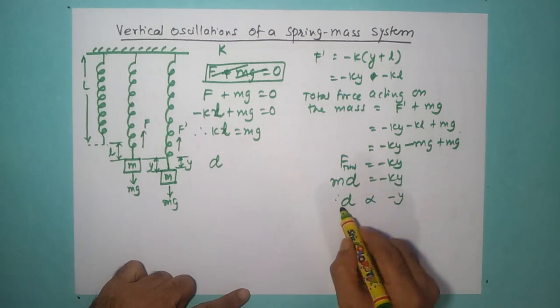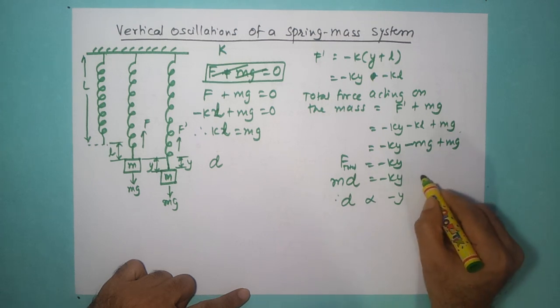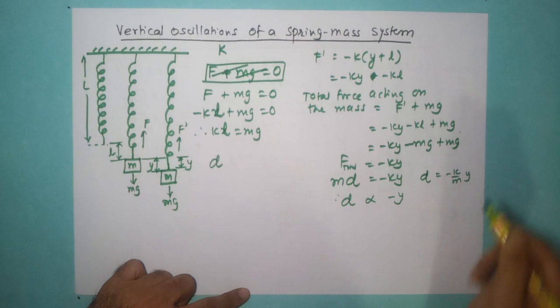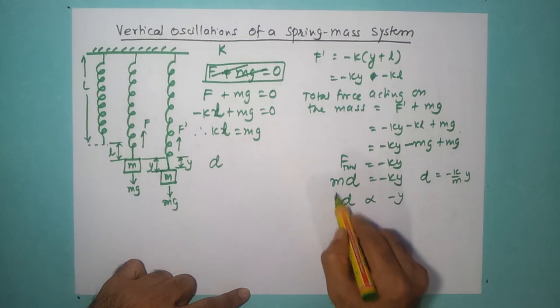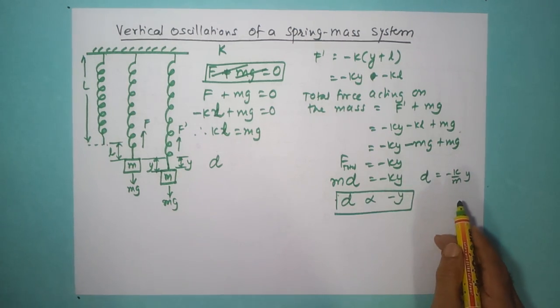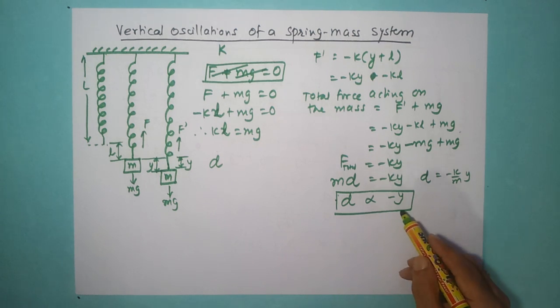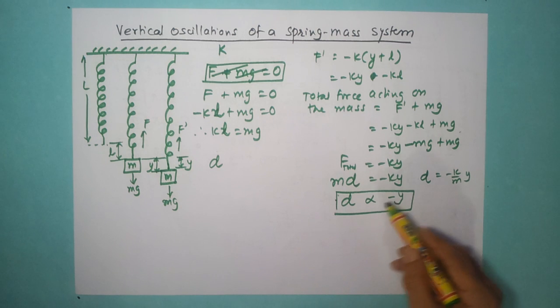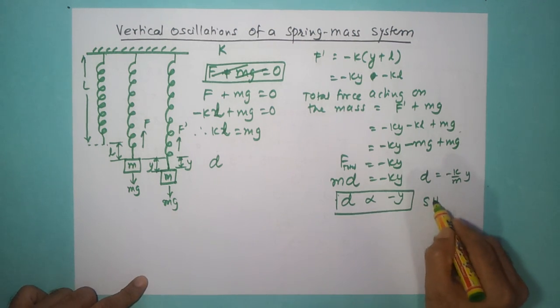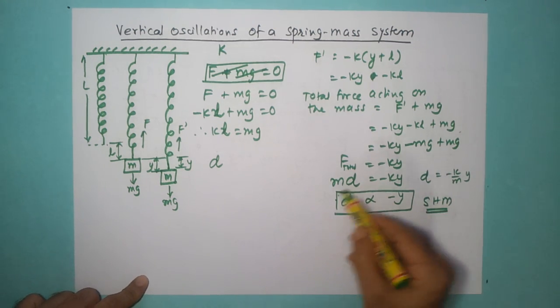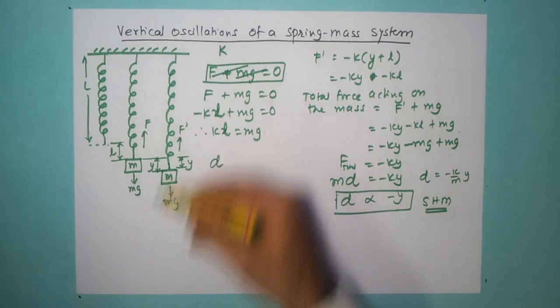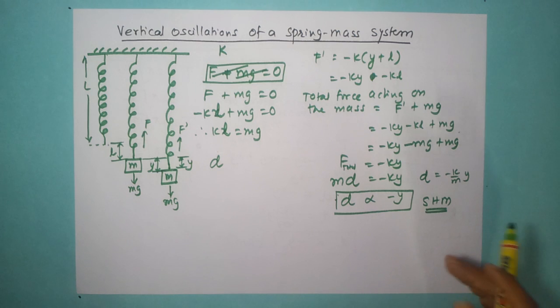Or I may put the equation as alpha is equal to minus k upon m times y, and from this I can say alpha is proportional to y. And now you very well know this condition, that when the acceleration is proportional to displacement and is in the direction opposite to displacement, the oscillations are simple harmonic motion. So this again shows that the vertical oscillations of the spring-mass system are simple harmonic in nature, because alpha is proportional to minus y.